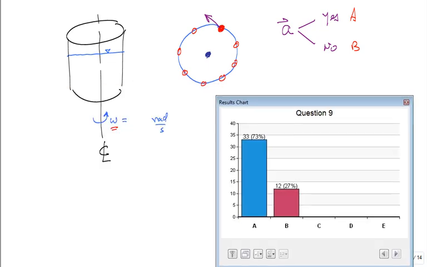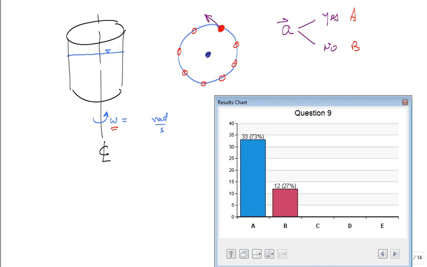So most of us said, yes, it is accelerating. So it's always being accelerated in the inward direction. Always accelerating inwardly. What that does is it doesn't change the tangential speed, because the direction of acceleration is always perpendicular to the tangential speed. It just changes the velocity, the direction. So, yes, it's being accelerated.